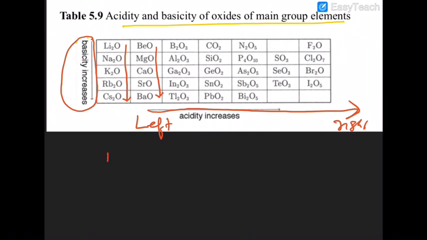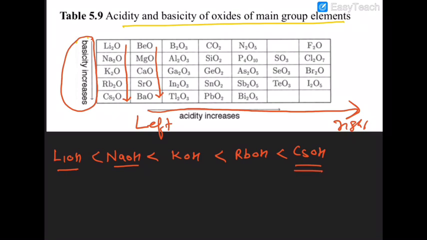Similarly, in case of hydroxides also, if you move down the group, basic strength increases. Lithium hydroxide, NaOH, then you have KOH, then RbOH, rubidium, then cesium hydroxide.